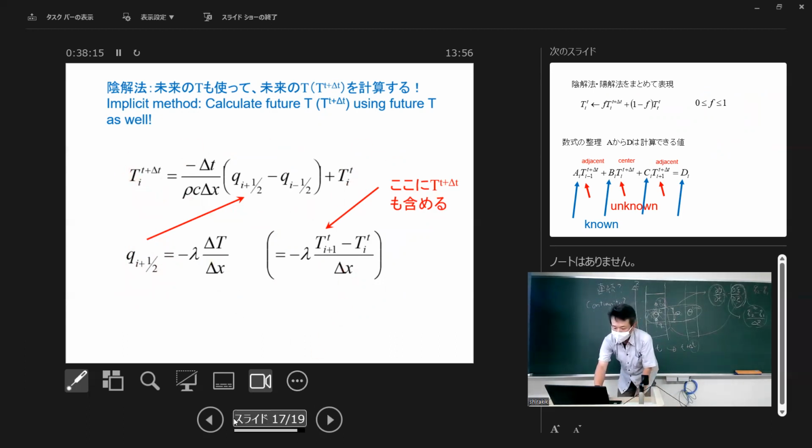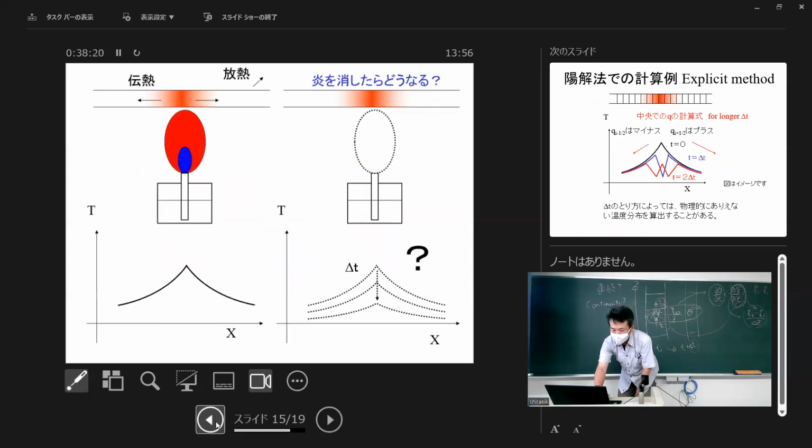And so, yes, let's go back to this slide. Imagine that when the fire is stopped, then the thermal distribution will be like this, and we never imagine that this point will be cooled rapidly, right? Like this graph.